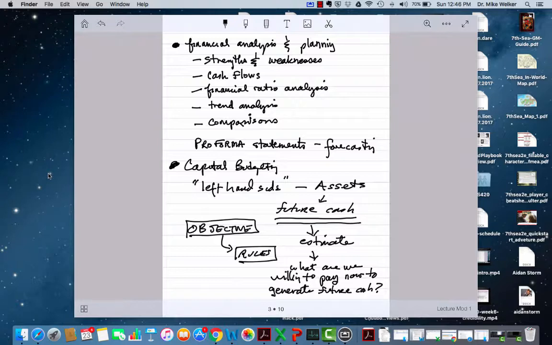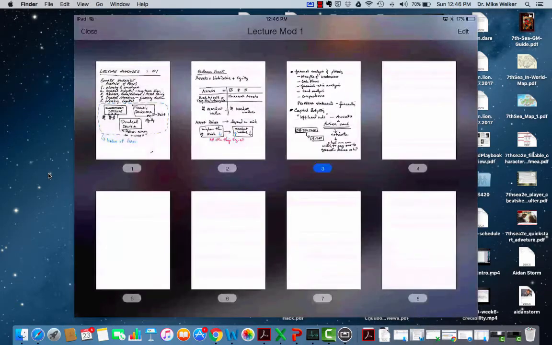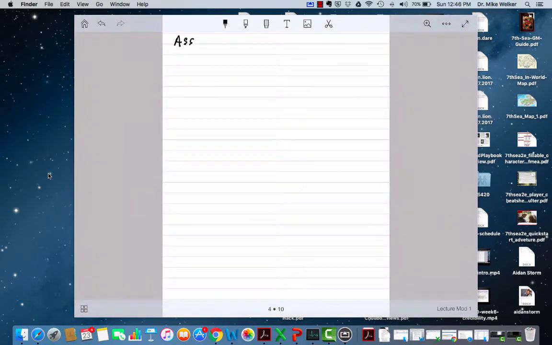So let's look at what the value of an asset really is. Asset value, we've got to look at that as a key topic. It depends on the size of the future cash flows. Right, so the size of the flows, also the timing of the flows. At what point in the future do we receive this money?